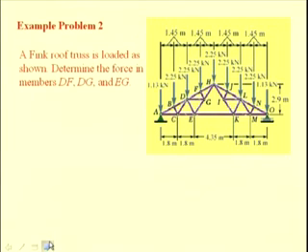So, here you see a roof truss which is known as a Fink roof truss. You see that it is a compound truss constituting of two simple trusses, one AHE and the other HKO, connected by a pin at H and a member EK.